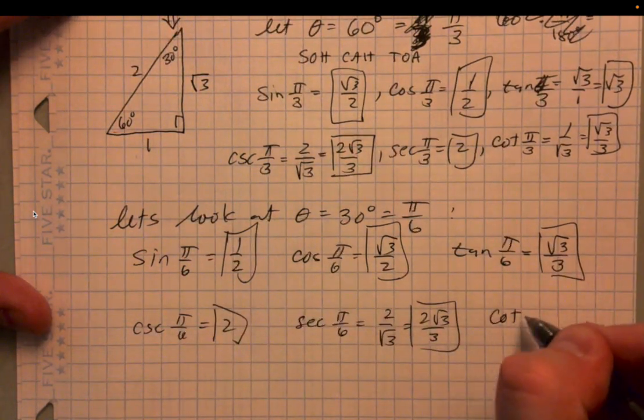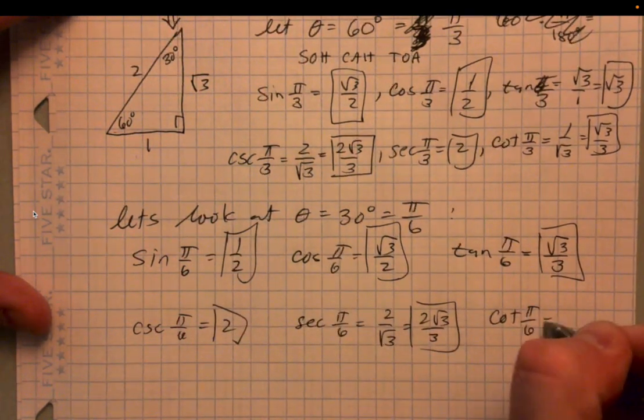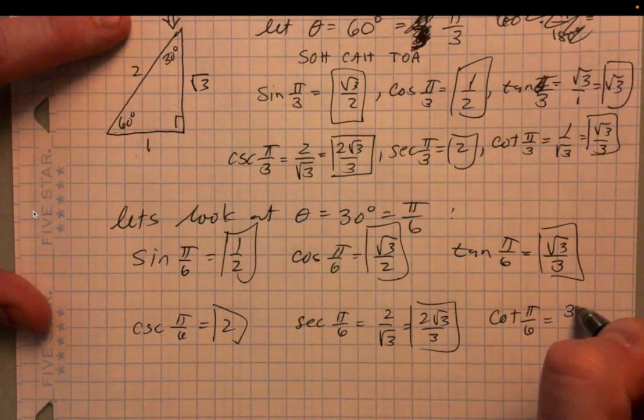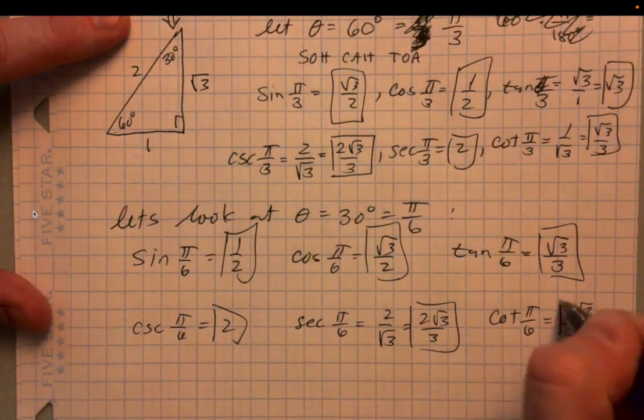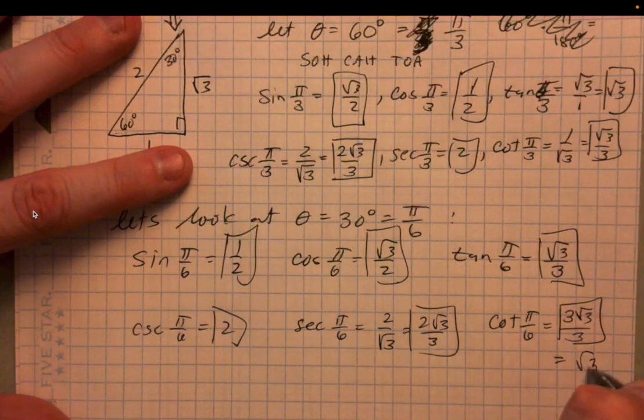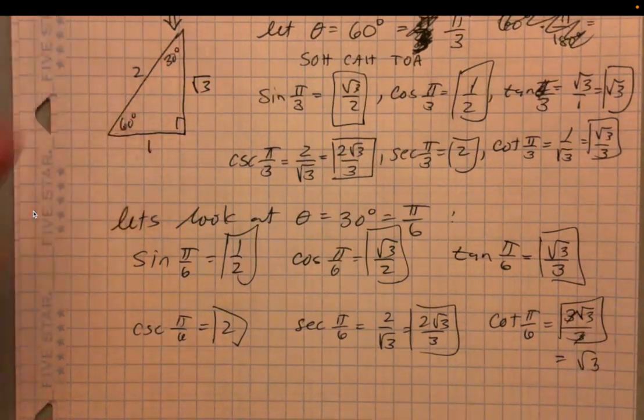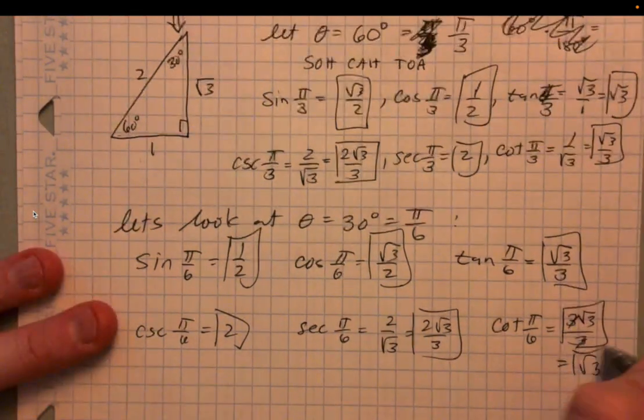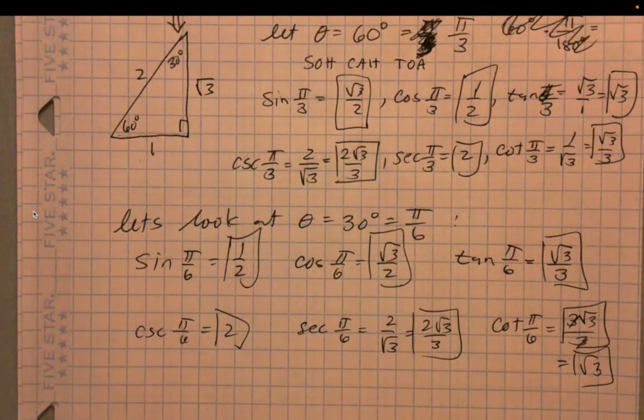And then the cotangent of pi over 6 is 3 square root of 3 over 3, otherwise known as the square root of 3. Yeah, I guess those cancel, don't they? Okay. All right, very good.